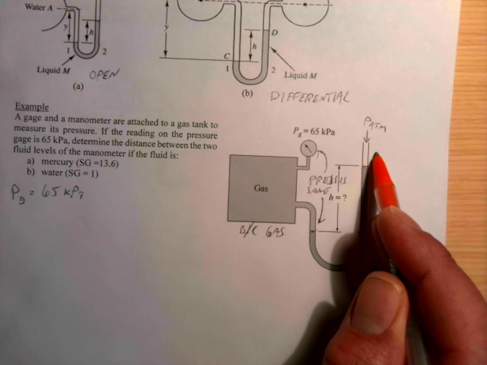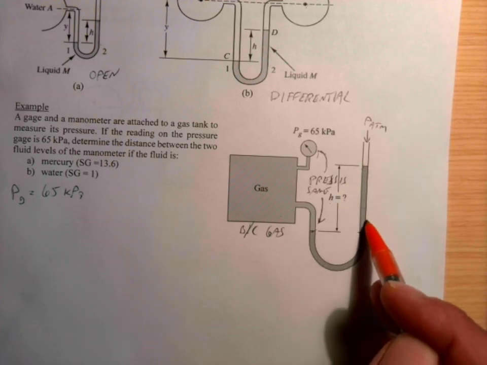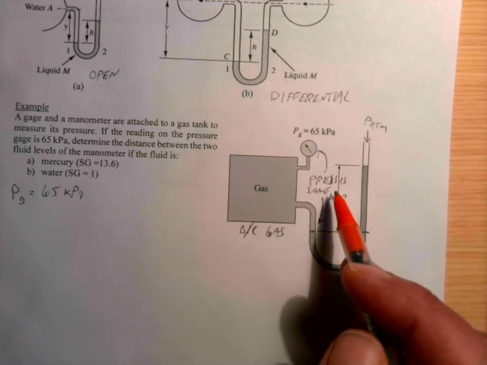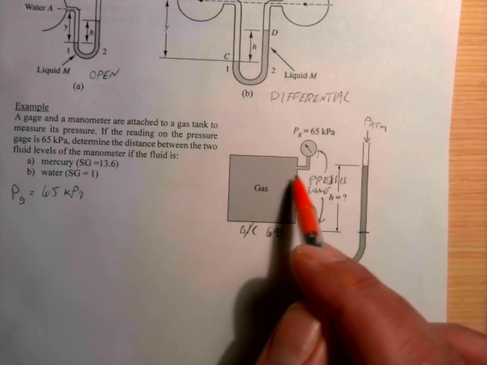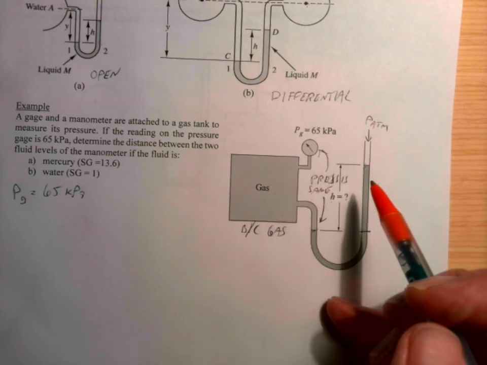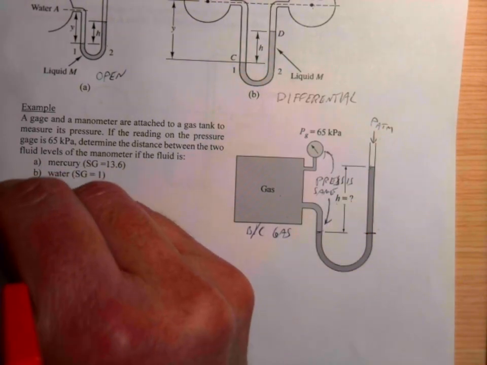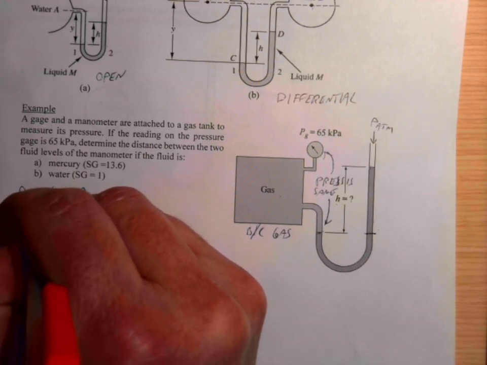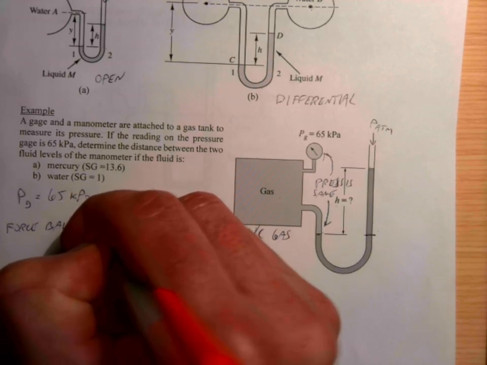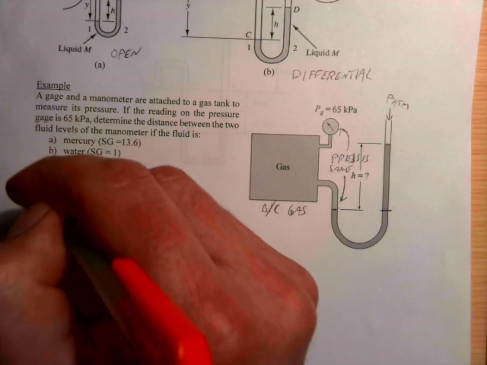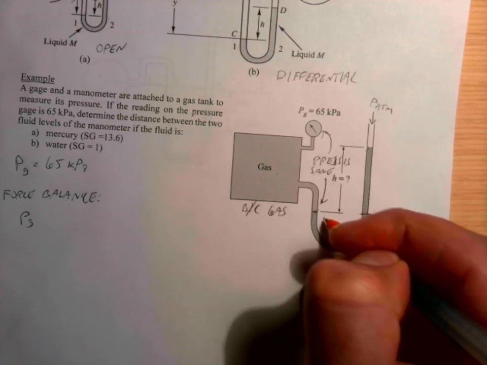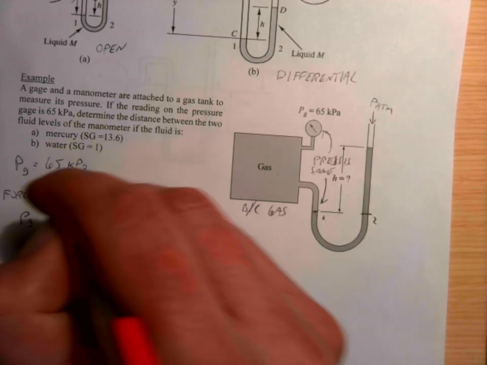So that means that P atmosphere plus gamma for this fluid times H needs to be equal to P gauge over here. And remember that if we look at the absolute pressure here, we have to add in the atmospheric pressure. So a force balance is going to tell us that the pressure at this point and this point are the same.